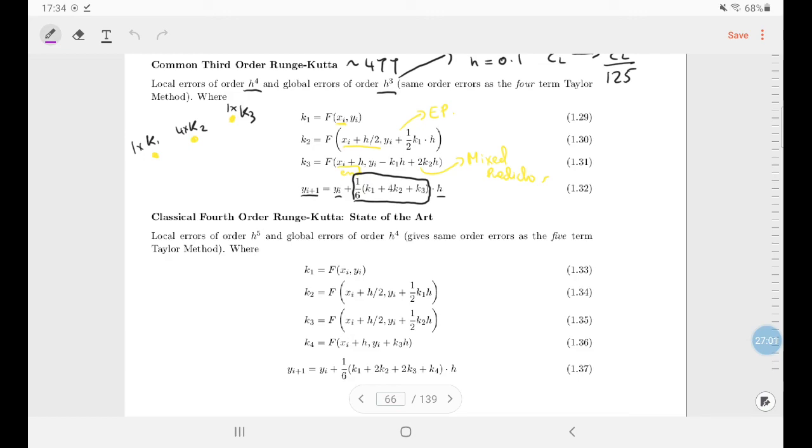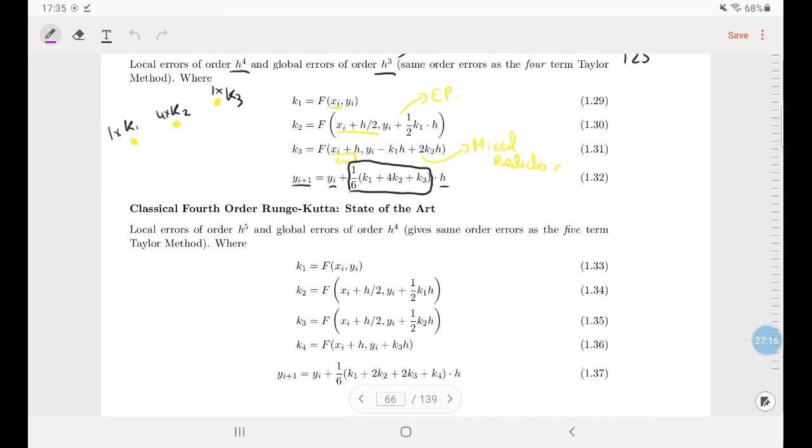Possibly with a 7th order Runge Kutta, you're making so many calculations that they take too long, and maybe the rounding errors actually beat the truncation errors. I'm not actually sure of that, but basically you can think of it as getting too complicated.